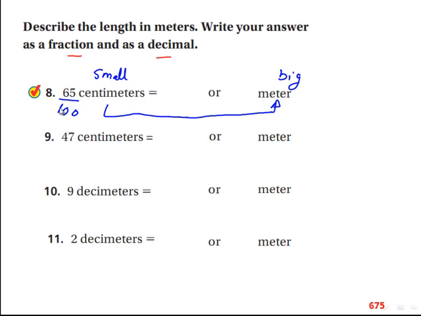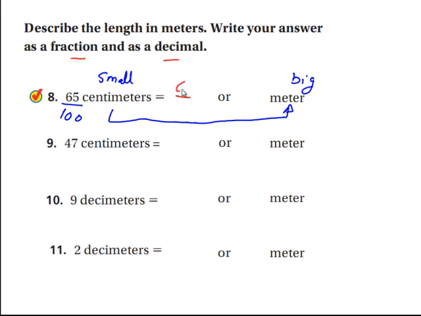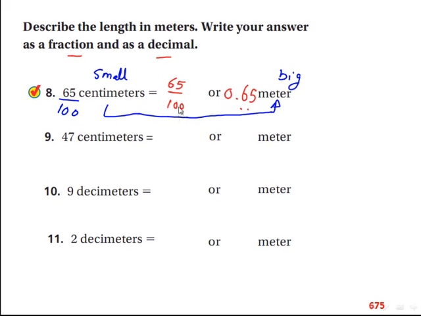So I'm gonna divide it by 100. So my answer is gonna be 65 hundredths or 0.65. Do you remember the way that I have explained before about writing decimals?